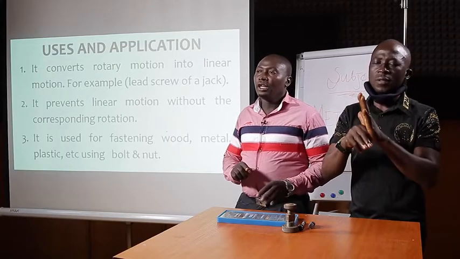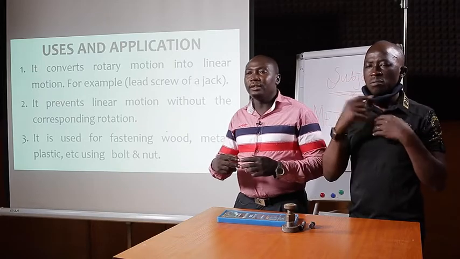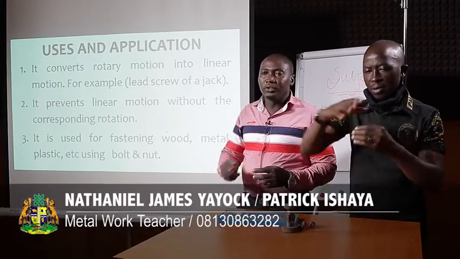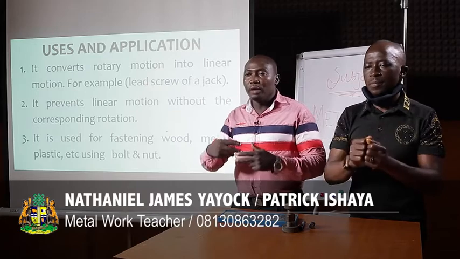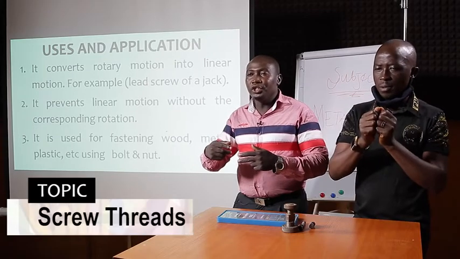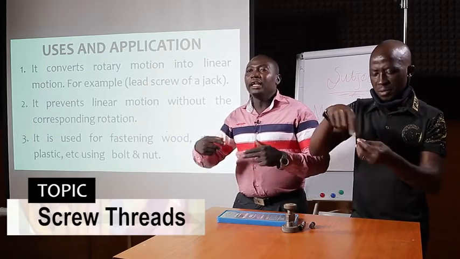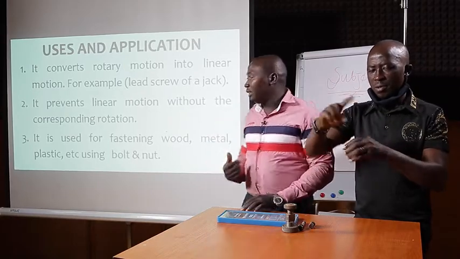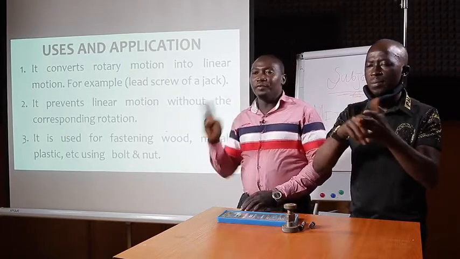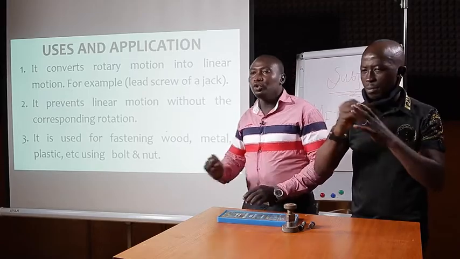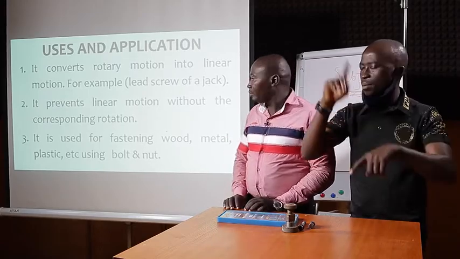That is, we have what we call the male thread and the female thread. The two come together, having the same pitch and the same diameter, and they roll together to transmit this motion. Without the female or the male, motion cannot be transmitted.